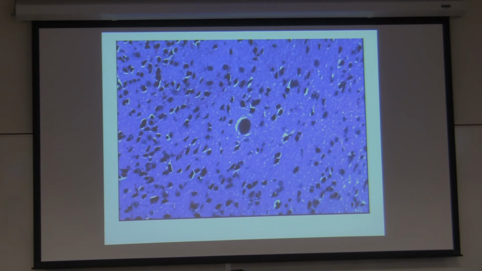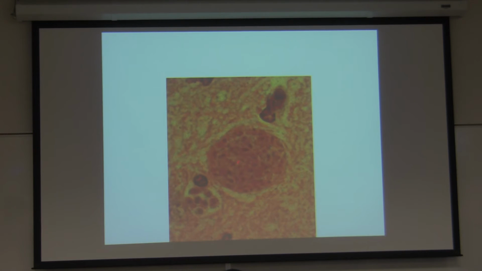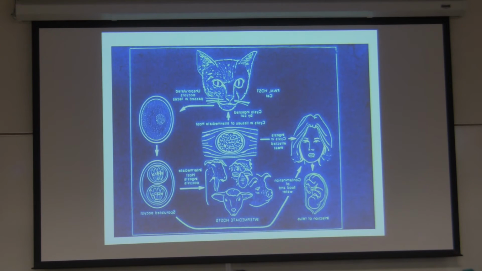Okay, I hope I'm making some sense so far. So far, so good. Okay, here is again another bradyzoid, and inside of it there are some Toxoplasma gondii, right? Here is the life cycle. One more time, let's revisit the life cycle. Here's a cat, any kind of cat, lions, tigers, cheetahs, whatever cat you have.